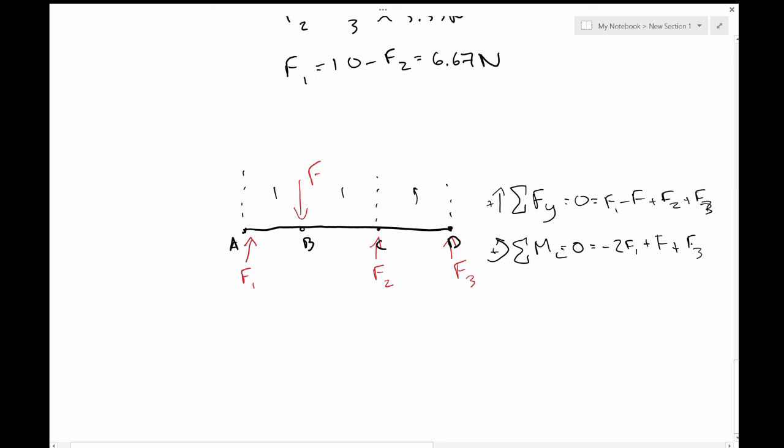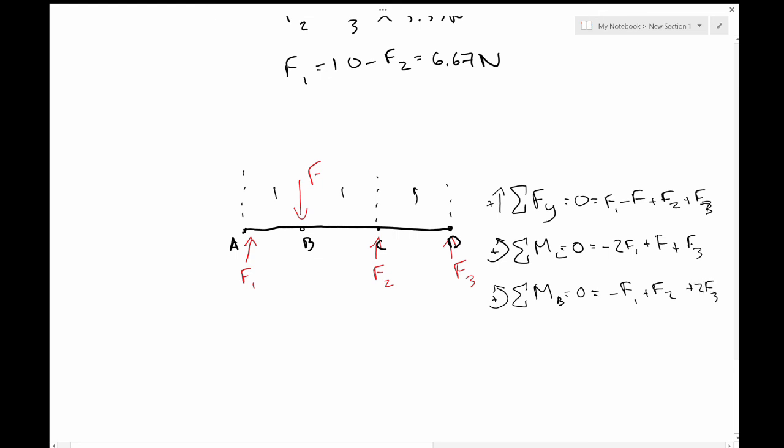And then let's also take the sum of moments around B. So the sum of moments about B equals 0, and that's going to be equal to negative F1 plus F2 plus 2F3. Okay, great.